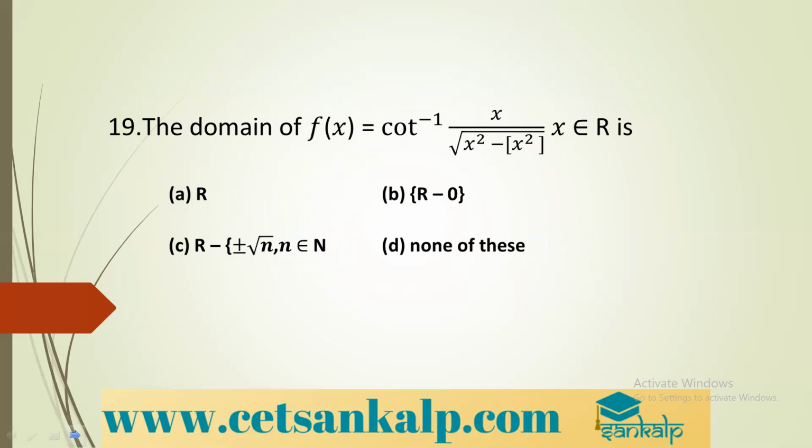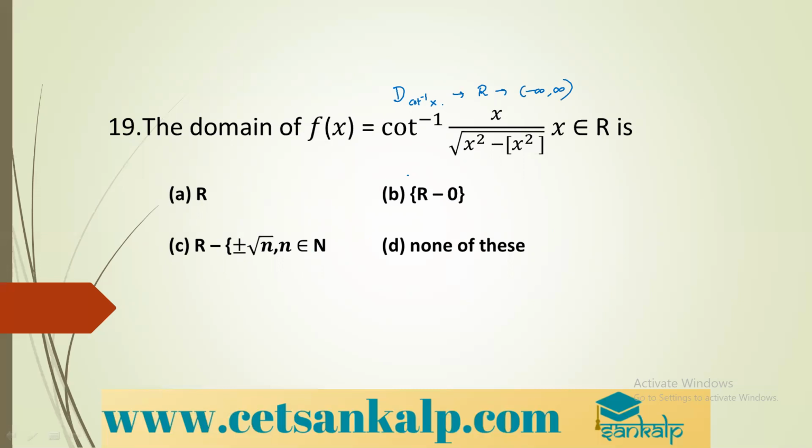Then question number 19 is finding the domain for cot inverse X. When I told you the synopsis, I told you the domain of cot inverse X is any real number from minus infinity to infinity.